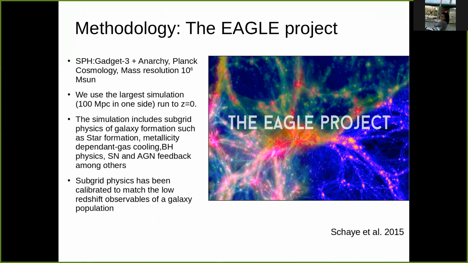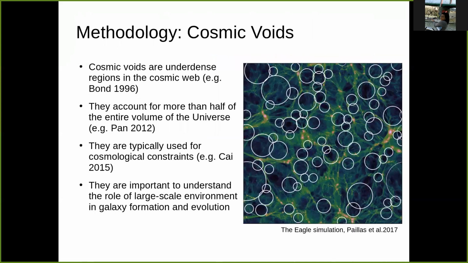In particular, we use the largest simulation, which has a volume of 100 megaparsec cubed and runs from redshift 127 to redshift 0, with a mass resolution of 10^6 solar masses. The EAGLE project has been widely used in the community to understand the properties of galaxy populations.